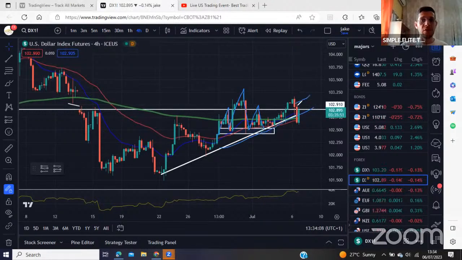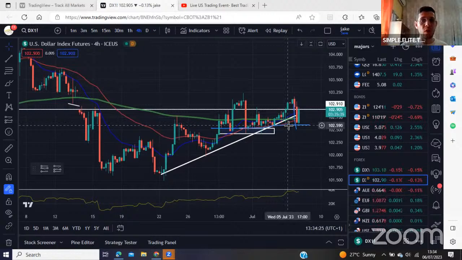The movement today was looking nice, it was coming down, but it still didn't break this neckline. So I want to be a seller, but not until it breaks 102.50, let's say 50 to 60.